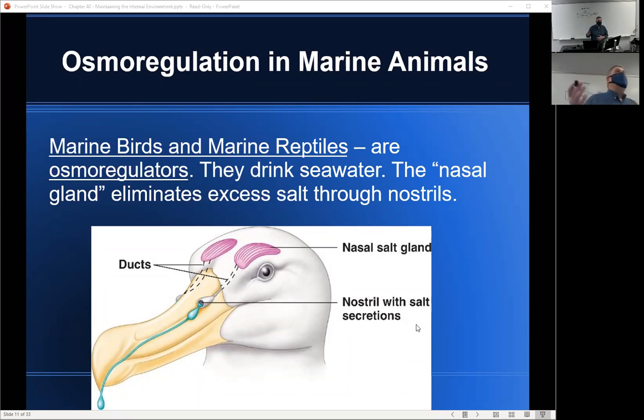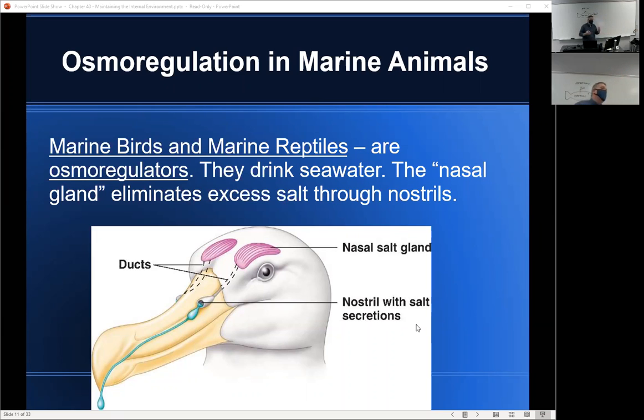The reason for that is seawater is hypertonic to the cells that line your digestive tract. So in the digestion chapter, I told you that we gain water by osmosis because the brush border cells usually have a higher concentration of solutes than what's in the lumen of the small intestine. So water is absorbed by osmosis.